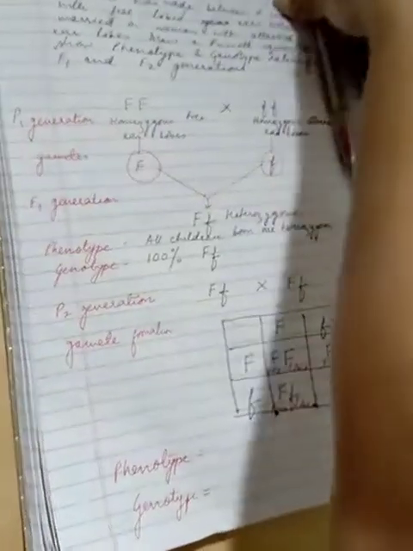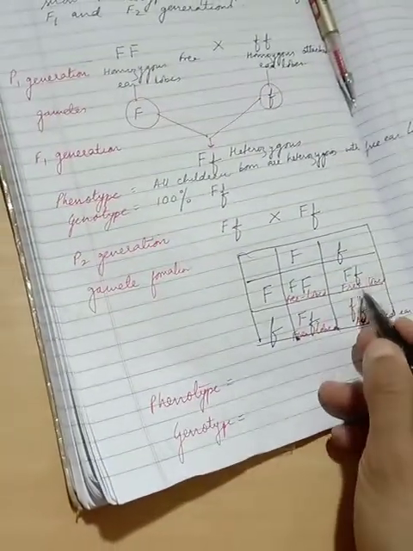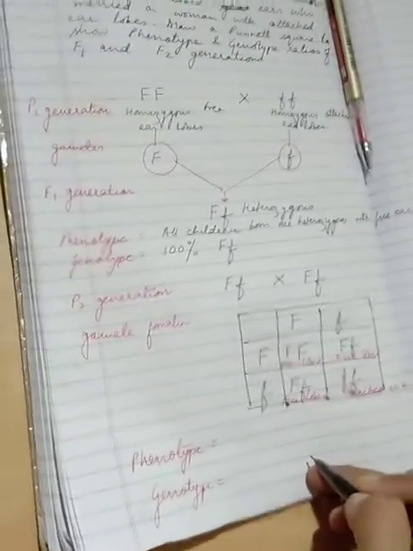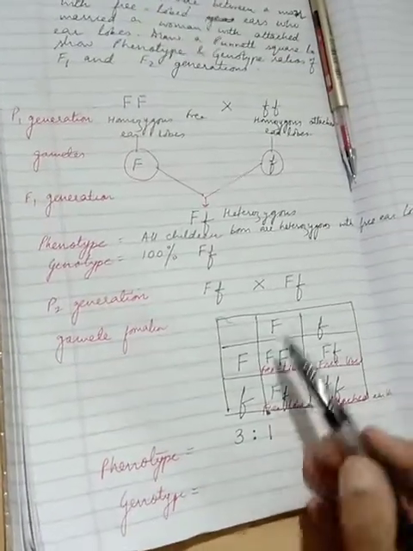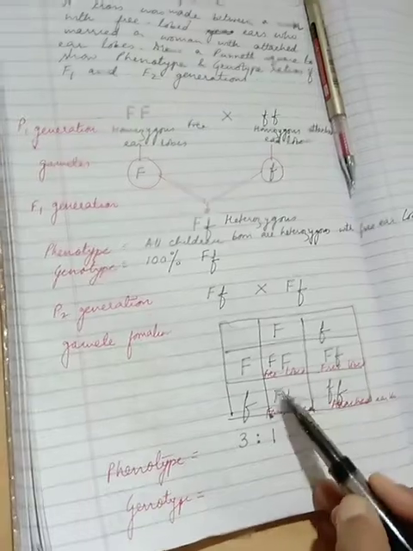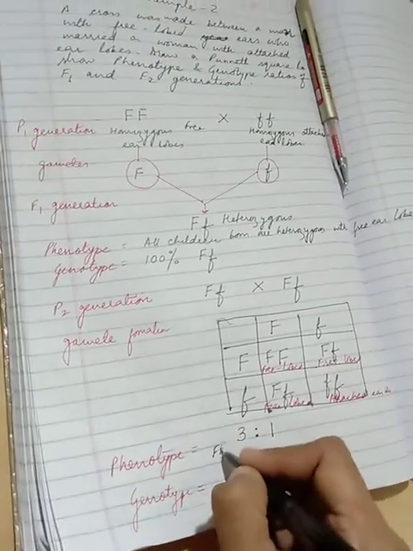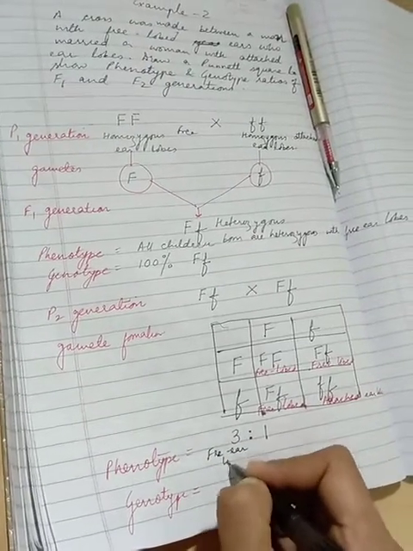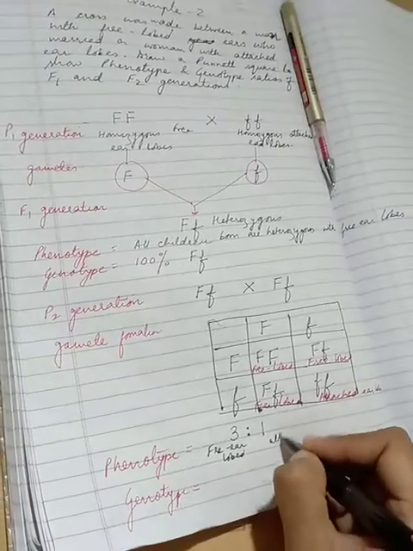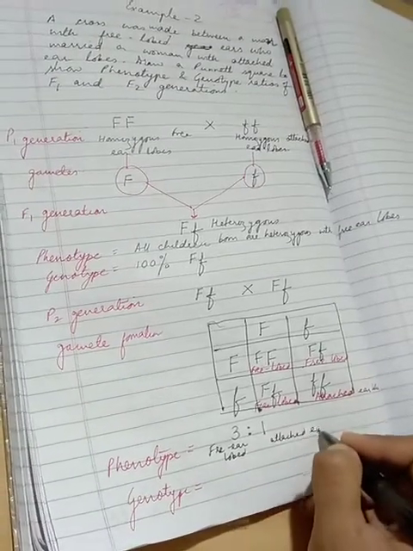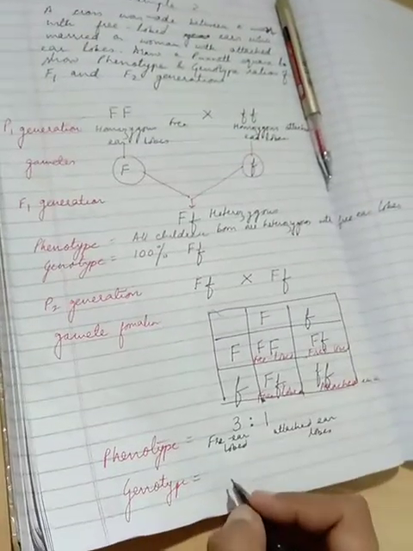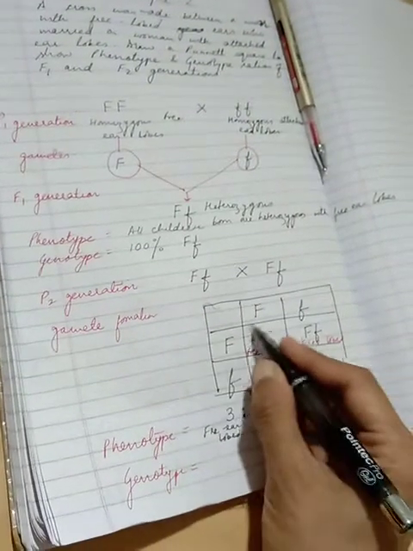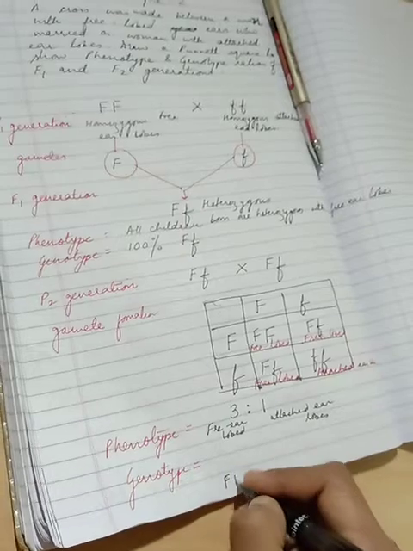Let us see the phenotype. Once again, physical appearance, you're talking in a ratio. So again, it will be 3:1. Why 3? Count it: 1, 2 and 3 are free earlobed, and the only one is with attached earlobes. Alright. And herein, talking about the genotype, once again, this is the only capital double.